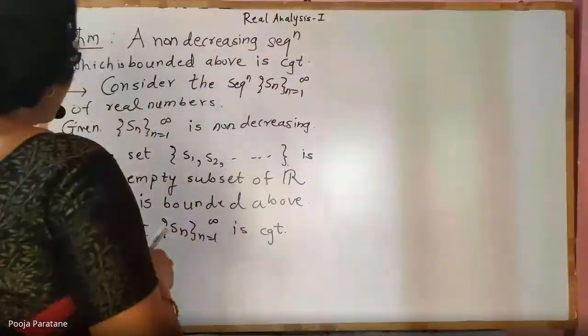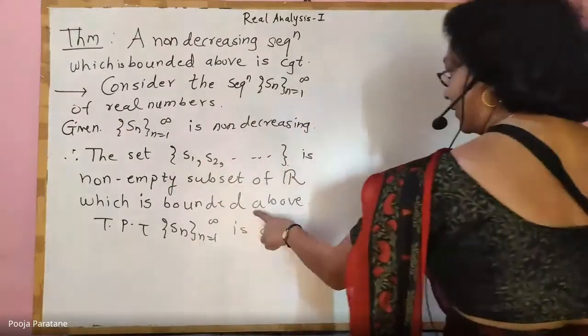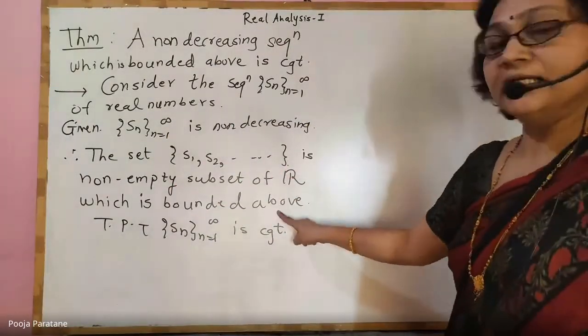Now here, as this sequence is bounded above, it has a least upper bound.